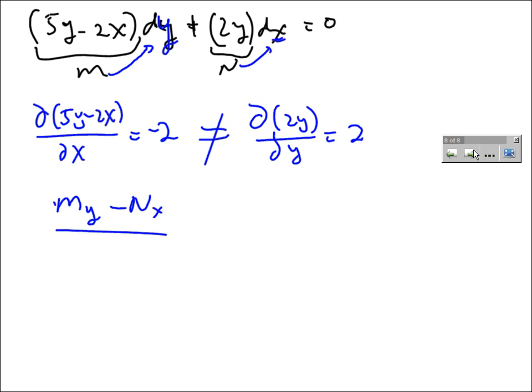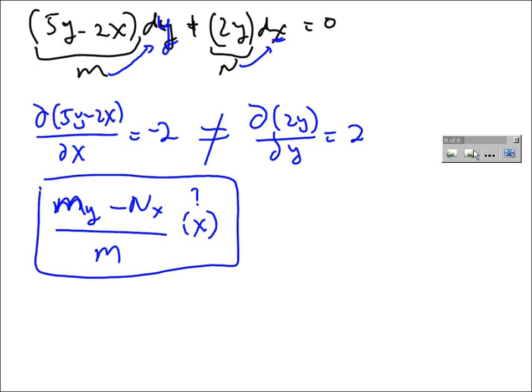Since I wrote M first, I divide by M. Now, we want this to be a function of x, to be our integrating factor. If it isn't, then I reverse the numerators. I put N sub x minus M sub y.